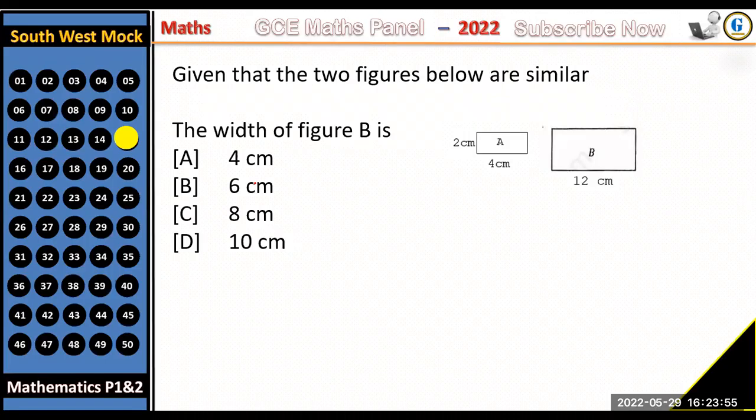That brings us to question 15. Given that the two figures below are similar... Hello Crescencia, welcome online again. So now let's look at these two. These two figures are similar figures. This side is 4 centimeters and this one is 12 centimeters.